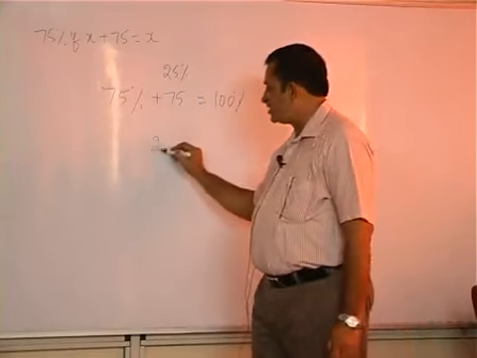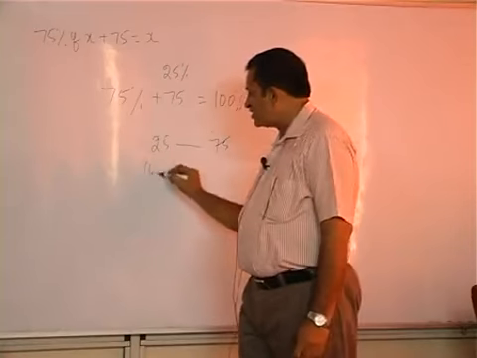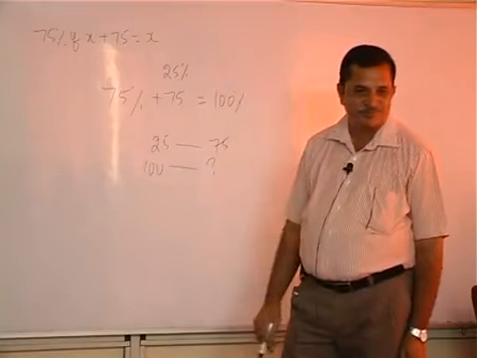So 25% is equal to 75. Then 100% will be equal to how much?